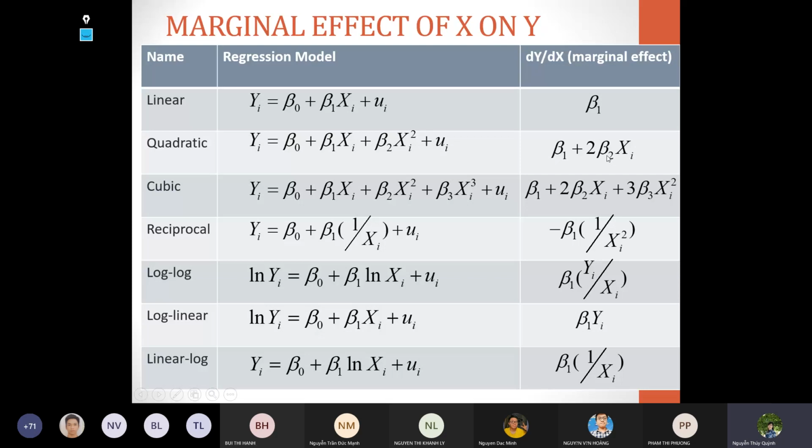So if beta 2 is a negative number, when x increases, the marginal effect will decrease. If beta 2 has a negative sign, then the marginal effect of x on y is a diminishing or decreasing one. If beta 2 here is a positive number, okay, I will move.